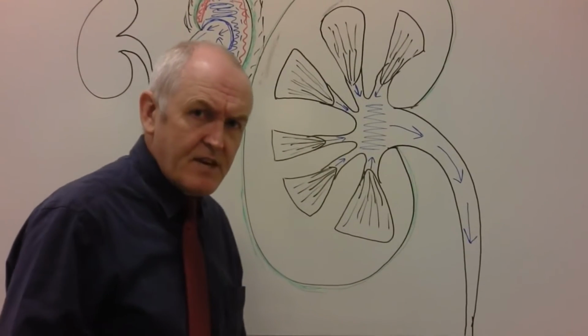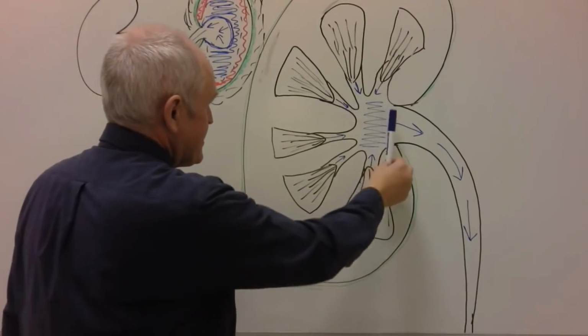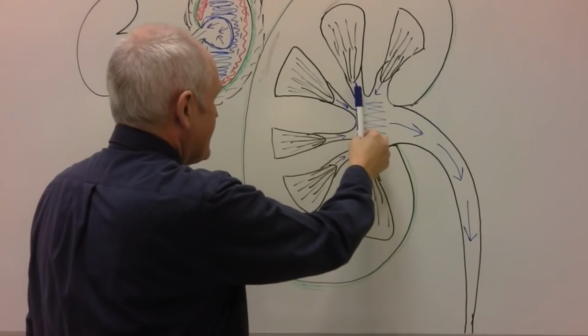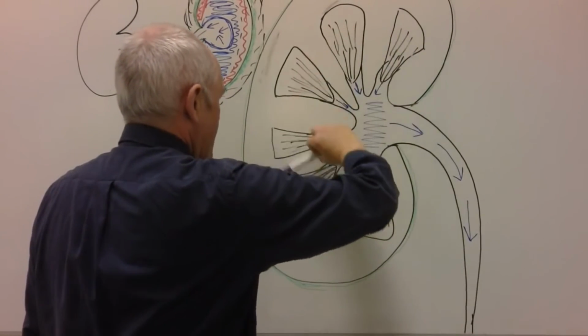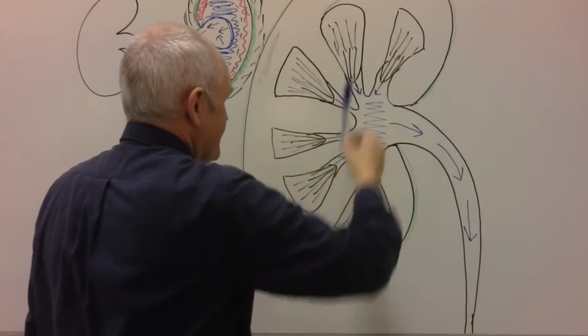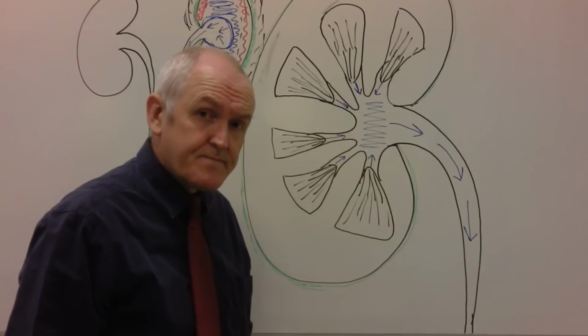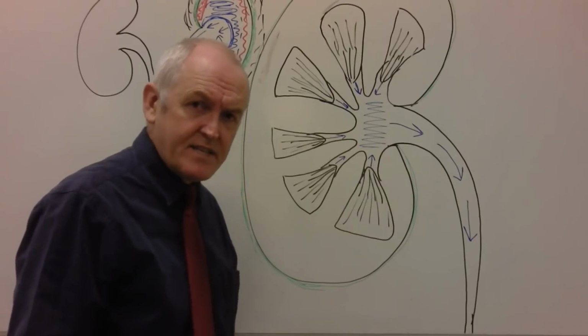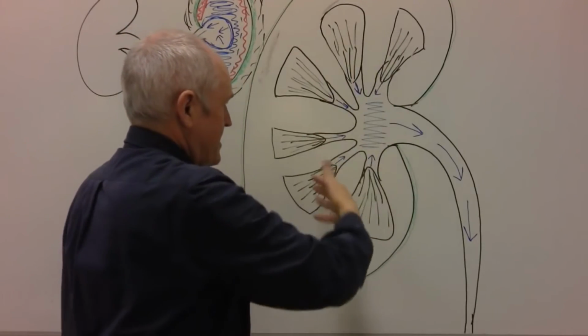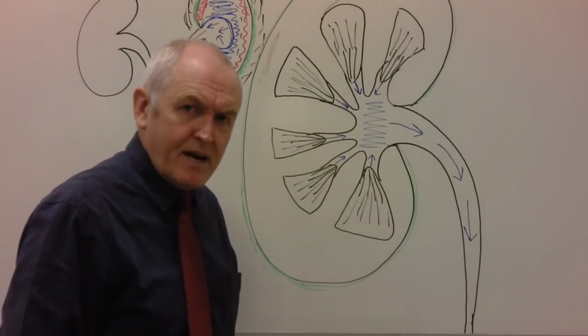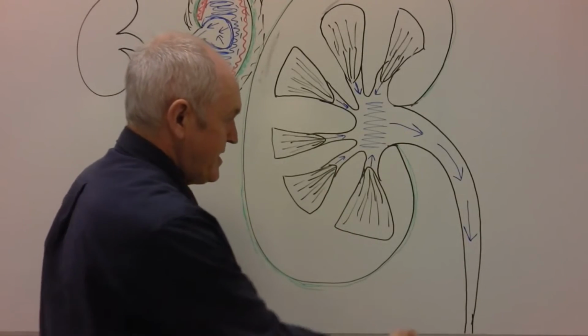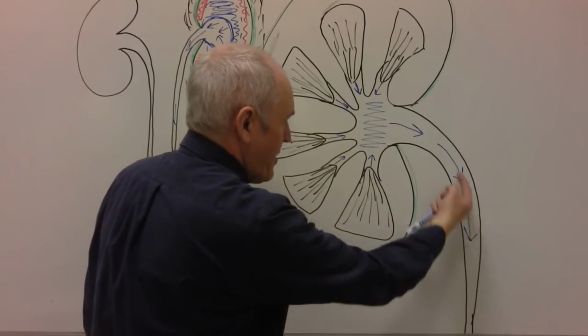In practice, if there is such an infection, it tends to infect the pelvis, the calyces and the renal parenchyma. We would therefore call such an infection pyelonephritis.